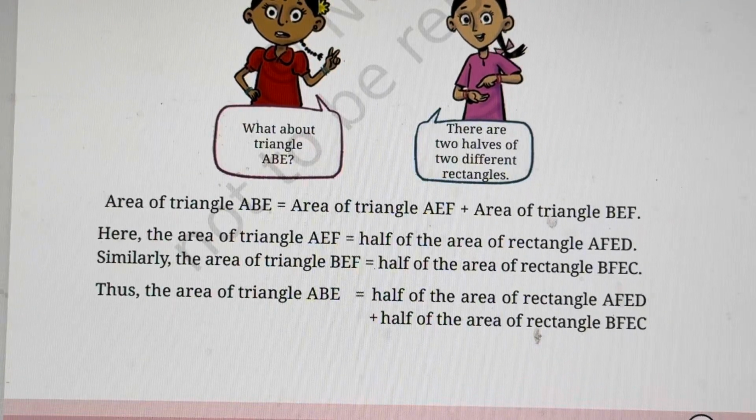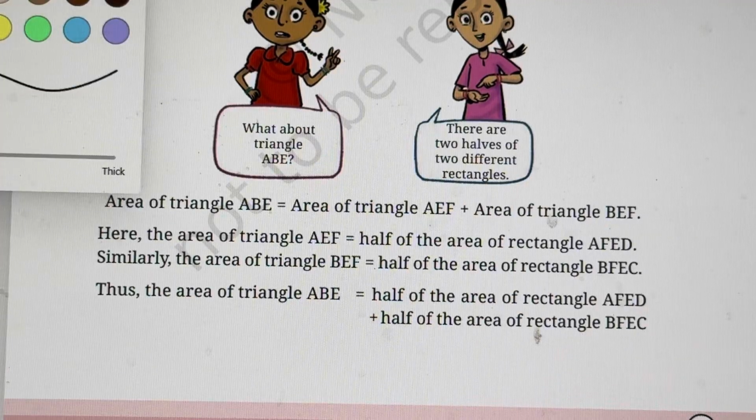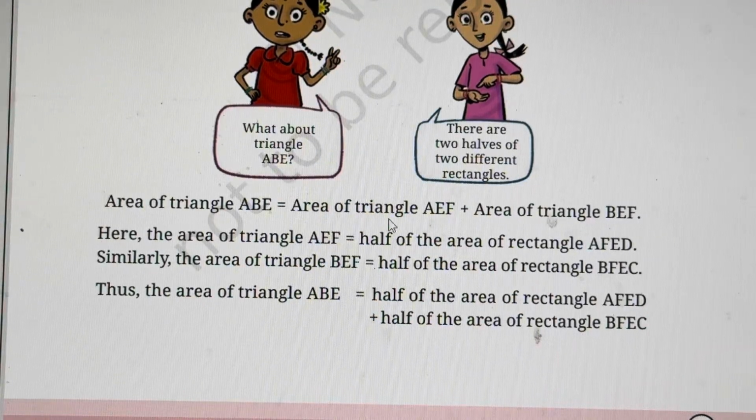So what do we understand from this? The area of triangle ABE is the area of triangle AEF plus triangle BEF. This is what I already explained to you. So the same thing is written. Area of triangle AEF is half of the area of rectangle AFED. When I'm speaking this, you refer to the diagram, so it would be easier.